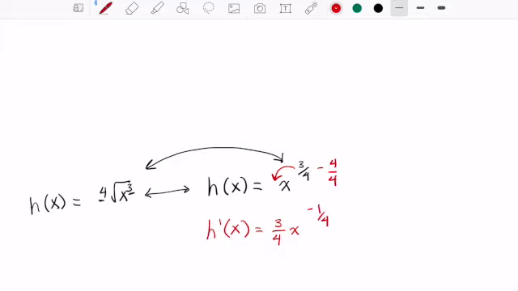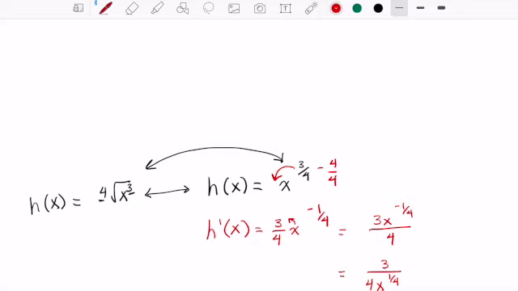And so I want to clean this up a little bit. I know that this variable is sitting in the numerator, so I really have 3x to the negative 1/4 over 4. And I don't want to have any negative exponents up top. And so I'm going to rewrite this as 3/4x to the 1/4 power.